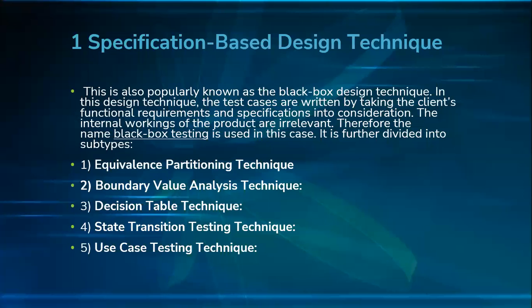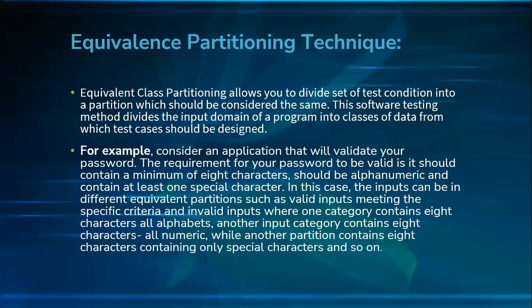And the five that I've mentioned: equivalence partitioning, boundary value analysis, decision table, state transition, and use cases. You will see how they come into play when it comes to our test cases. When we start designing in full, you will have a clearer understanding when I bring more examples into play. Let's take the first one: equivalence partitioning.